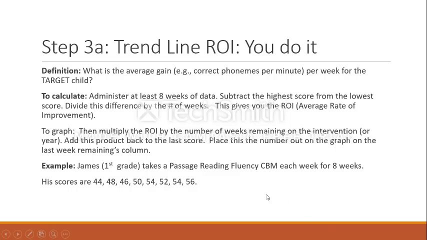So when you divide that 12 by 8, it says that his average growth is 1.5, or his average rate of improvement, ROI, is 1.5 points each week. So if we were going to do 8 more weeks, you could figure that out by just multiplying the 1.5 by 8 and then adding that. So you have an idea of where he should be going based off his current rate of improvement.